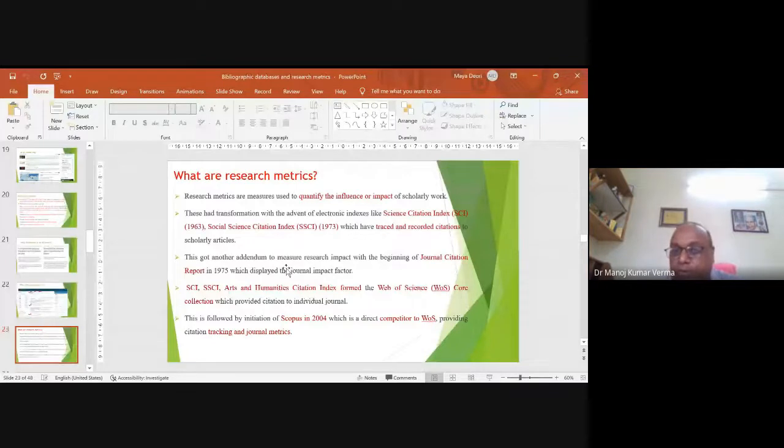In a particular subject area, the journals with a high impact factor are those whose published articles are getting more citations. In the same way, in 2004 Scopus was introduced. It is a competitor of Web of Science and also provides citation tracking and journal metrics.